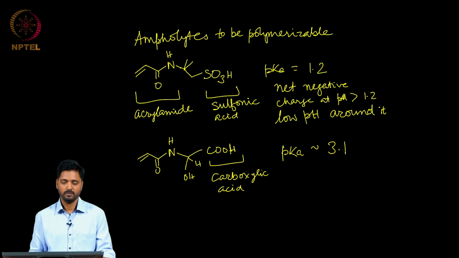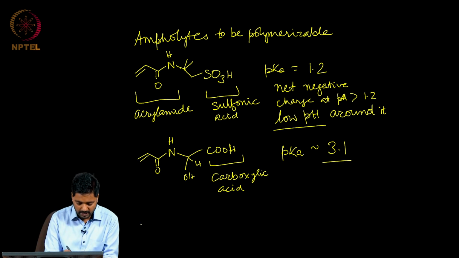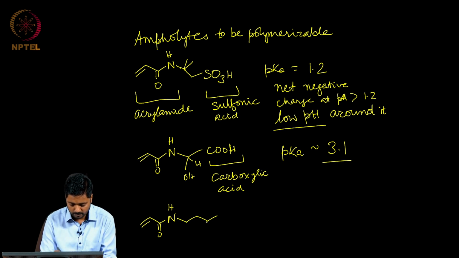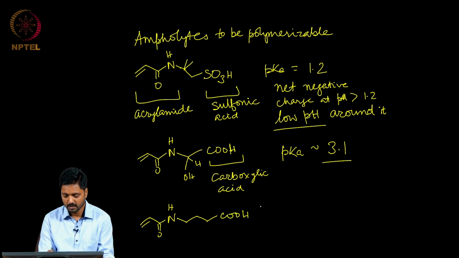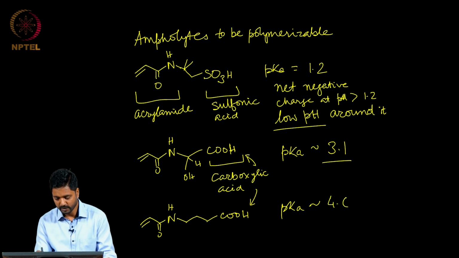So, when we use sulfonic acid, we achieve a very low pH in the region where it is present. With carboxylic acid, the pH is still low, but somewhat higher than the sulfonic acid. Similarly, we can space out the carboxylic acid to further increase the pK value to 4.6.